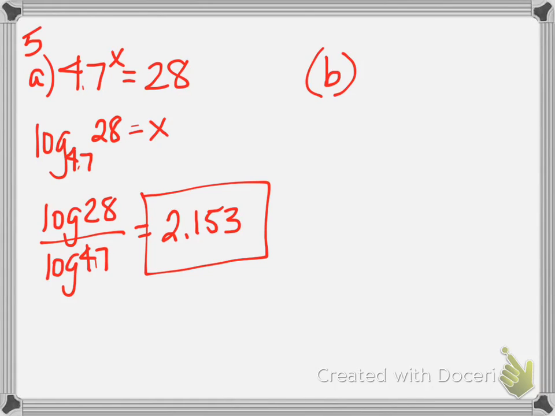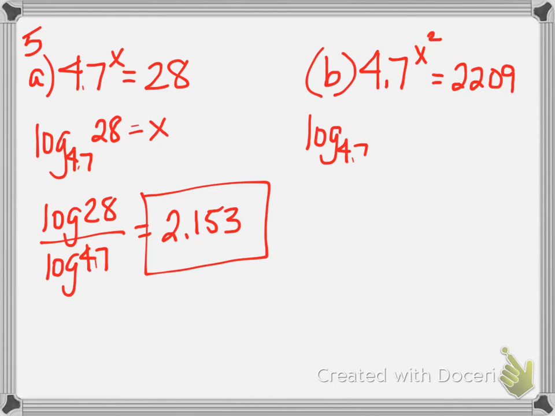For B, it says 4.7 to the x squared power equals 2209. So I'm still going to use log, with 4.7 as my base. 2209 is the argument, and it equals x squared.